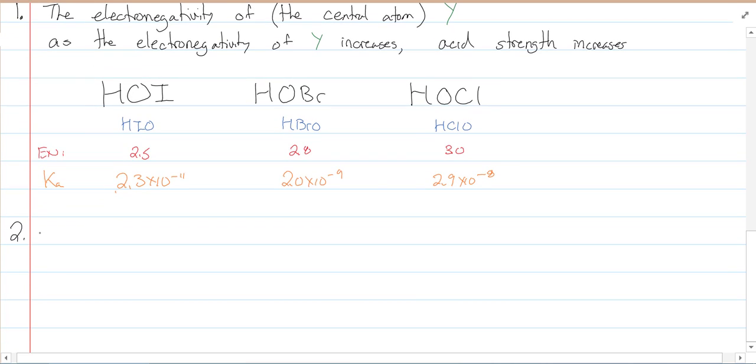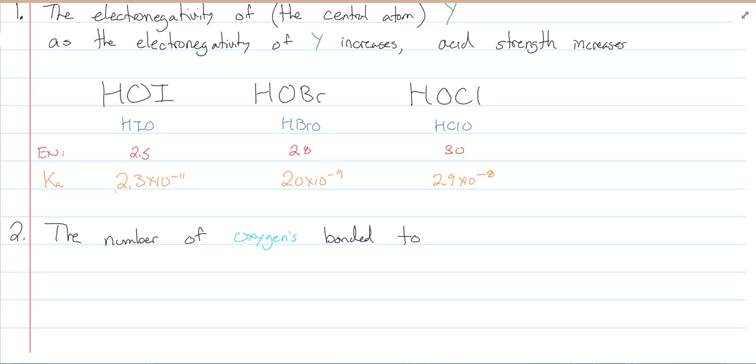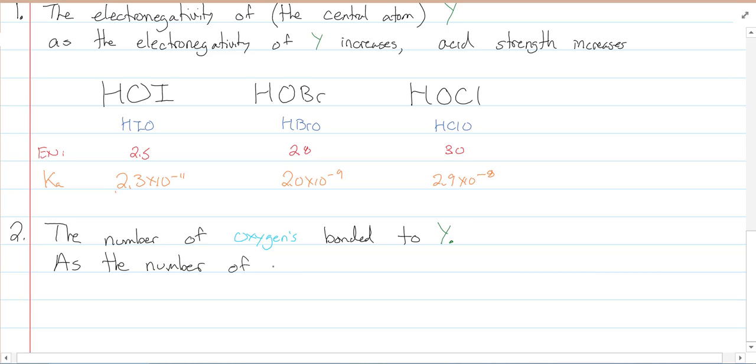The second factor would be the number of oxygens bonded to Y. With this, as the number of oxygens increases, acid strength, or K, increases.